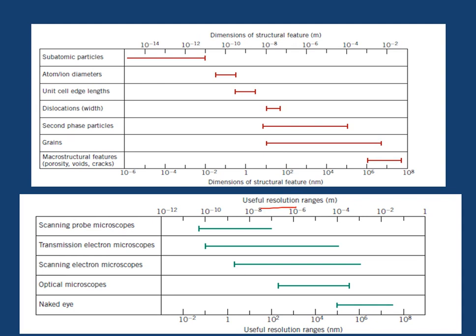The magnification is basically how much you can magnify an image, how much you can zoom in on your image. And the resolution is defined as how clearly you can separate two parts in an image.